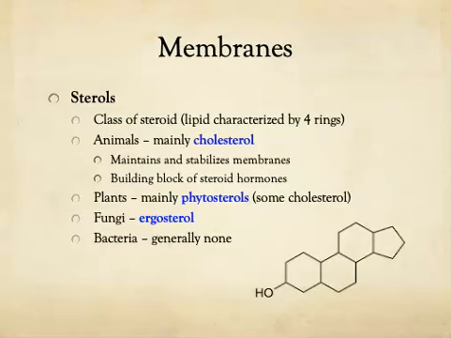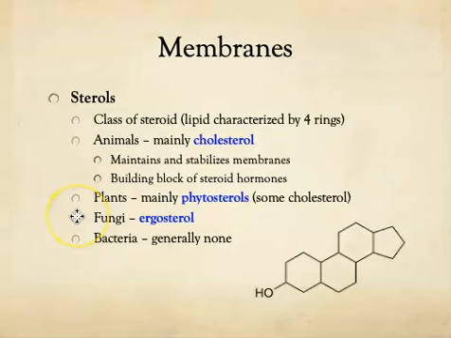Instead, there's a sterol called phytosterol. Now, I did put a note on the slide. There are a couple species of plant that have a little bit of cholesterol in their membranes, but don't worry about that. The most abundant sterol in plant membranes is phytosterol.